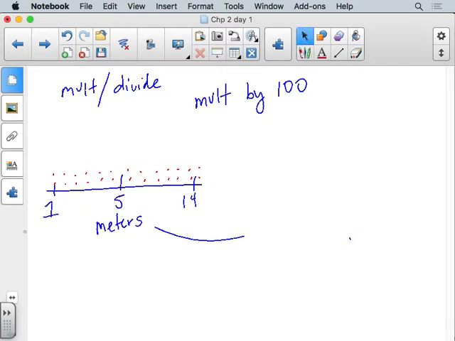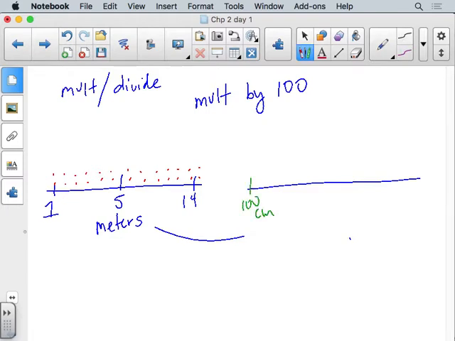Let me try again. It would be more like this: 100 centimeters, 500 centimeters, and now I'm at like 1400 centimeters. I am pretty far away if I converted all my data to centimeters.